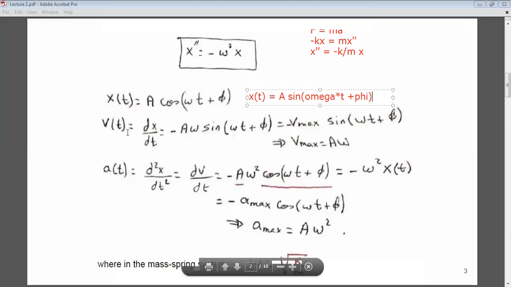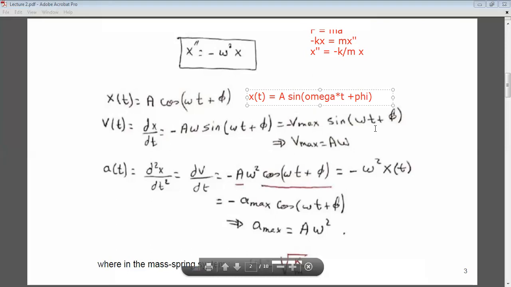Now, if we take the first derivative, so the v, it is dx by dt. This is equal to whatever is next to the cosine jumps outside. So we have minus A omega, and the derivative of the cosine is minus sine. So it is minus A omega sine omega t plus phi. Everything outside sine is v maximum, so this is minus v maximum sine omega t plus phi.